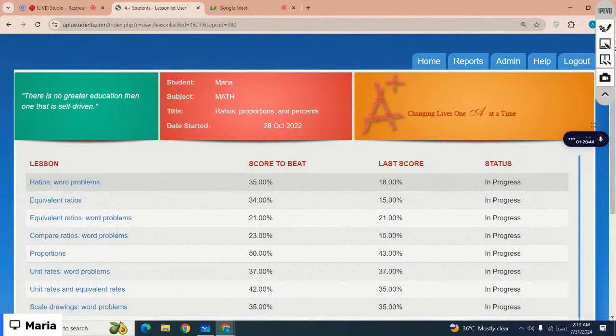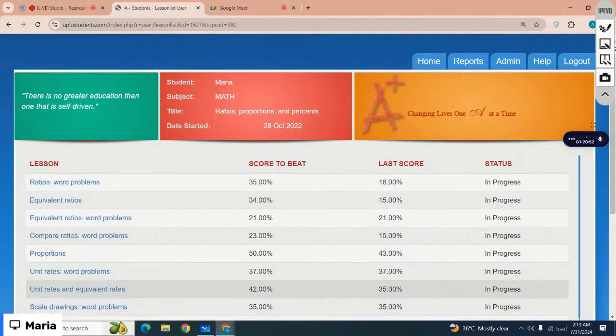Okay, the next lesson is unit rates and equivalent rates. You have to do the word problems on your own. The next lesson is unit rates and equivalent rates. Let's just start with the lesson.